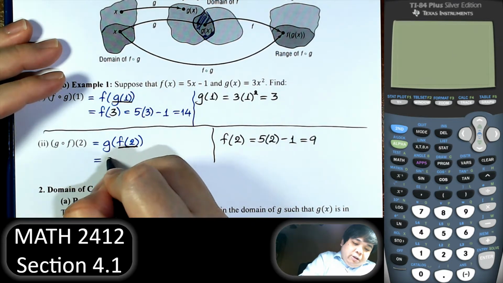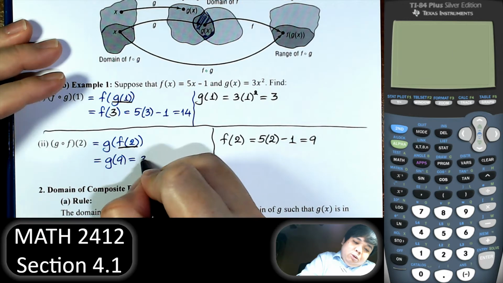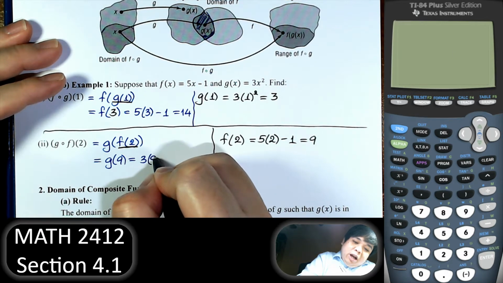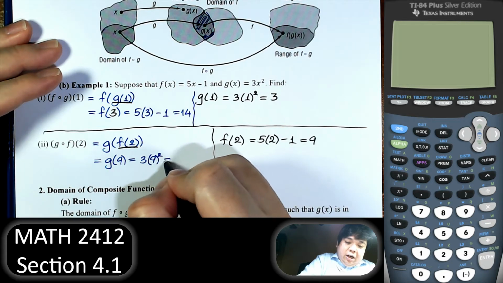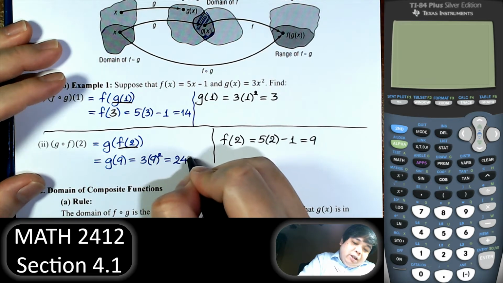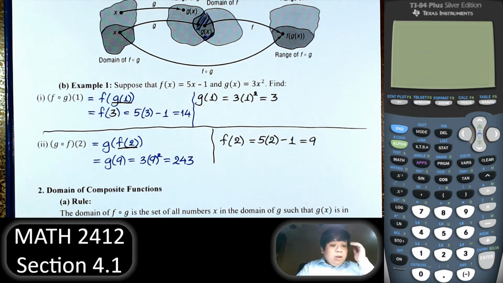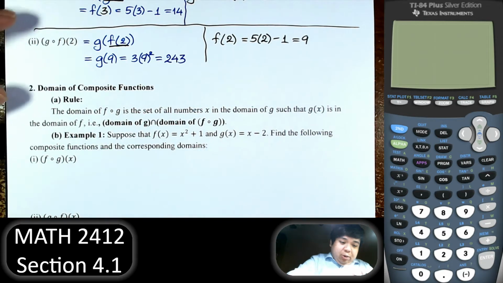And then we have g of 9. And then I put 9 in for x of function g. 81 times 3 is 243. Right, so simple enough. Now, the domain of the composition.